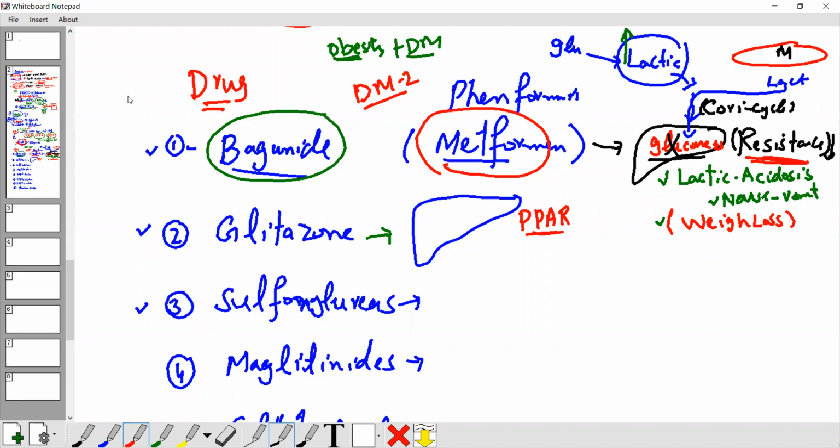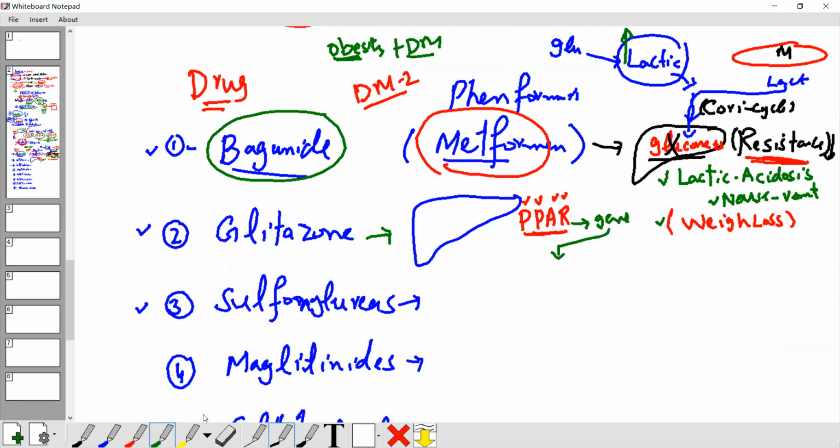But it uses the same receptor, the PPAR receptor, peroxisome proliferator-activated receptor. This PPAR receptor is used by glitazone, and it changes the genetic machinery, acting on genes.